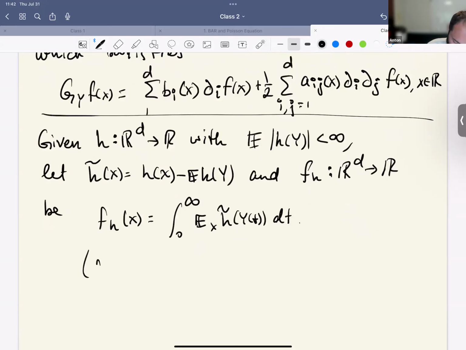We assume implicitly that this thing is again well defined.